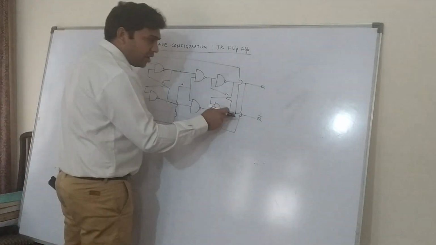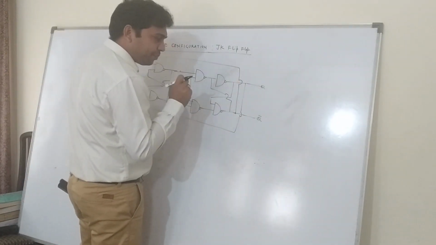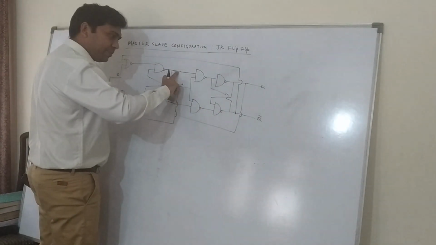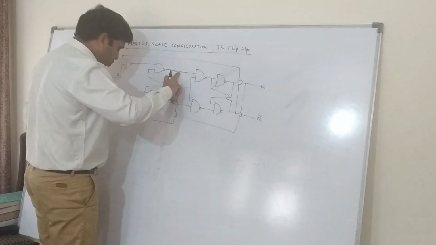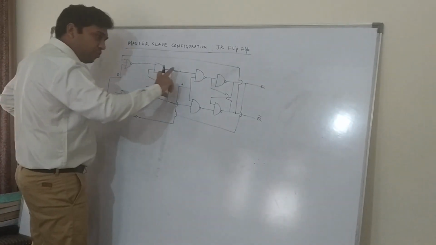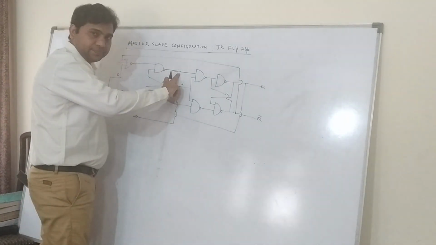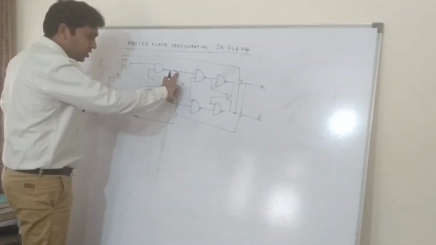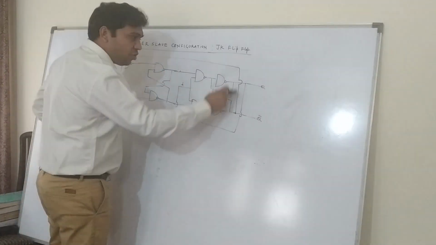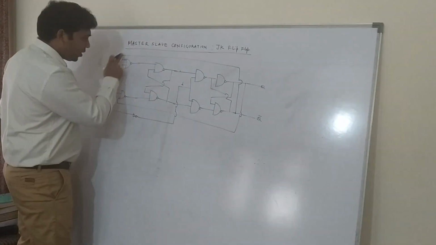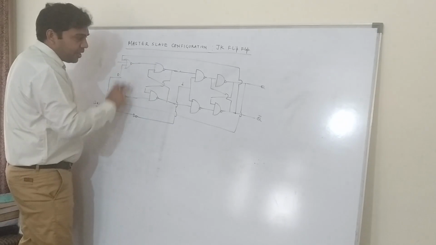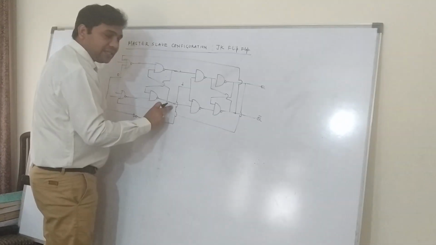So it does not matter if you are giving a feedback, this feedback is not going to appear at the output, because of this 0, the output will remain constant, the same, as long as the clock is 0. Because if the clock is 0, it does not matter if you are giving the feedback here, it will not change, because it will be 1 1, and this will remain in a memory state.